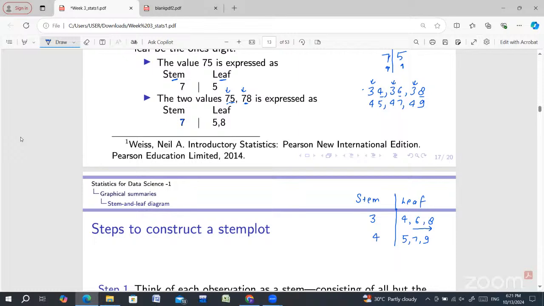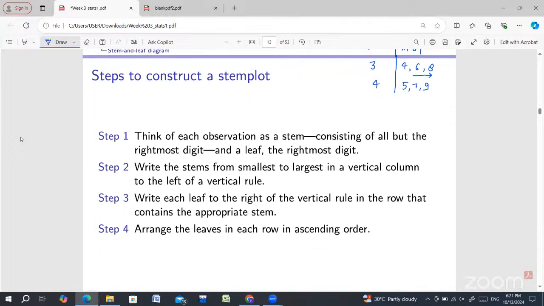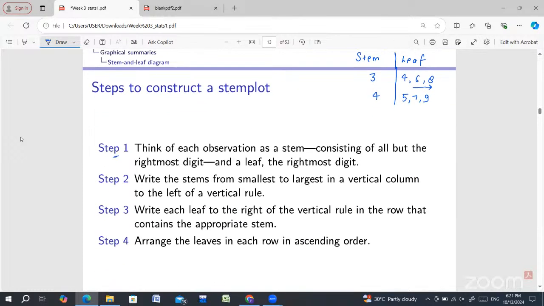Is it clear? Yes, ma'am. So these are the steps that I have explained. Step 1: think of each observation as a stem consisting of all but the rightmost digit, and a leaf, the rightmost digit. Step 2: write the stems from smallest to largest. Here also we write in increasing order.